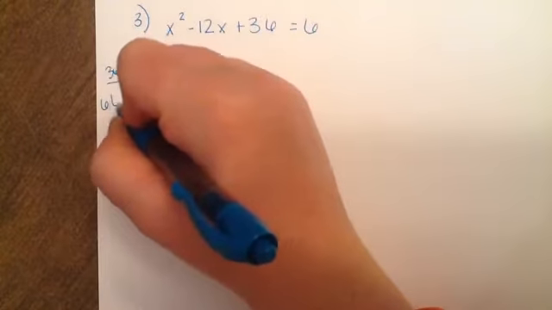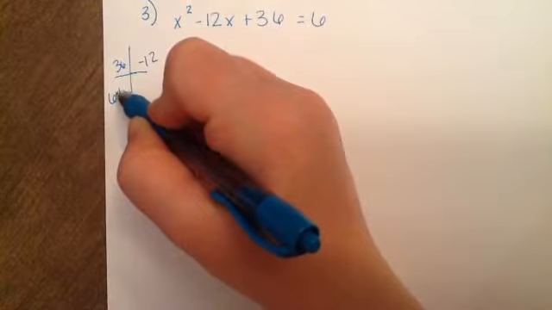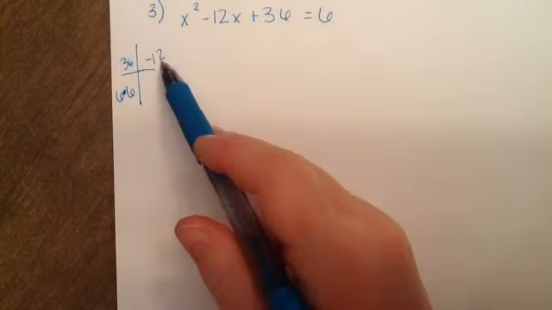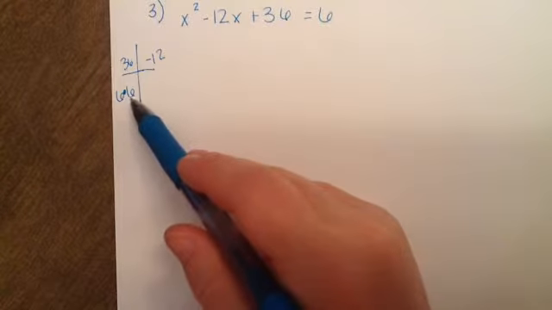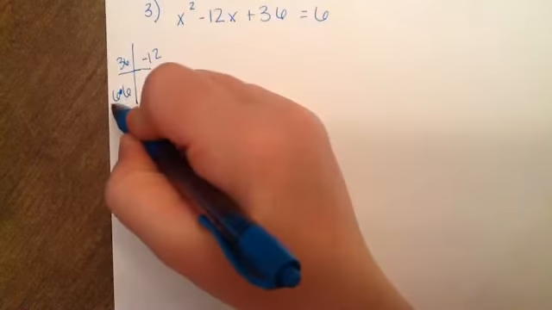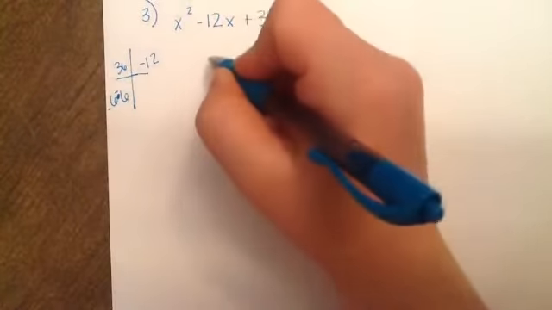I'm sure you thought of 6 and 6, but 6 plus 6 is positive 12, so I need negative 6 plus negative 6.